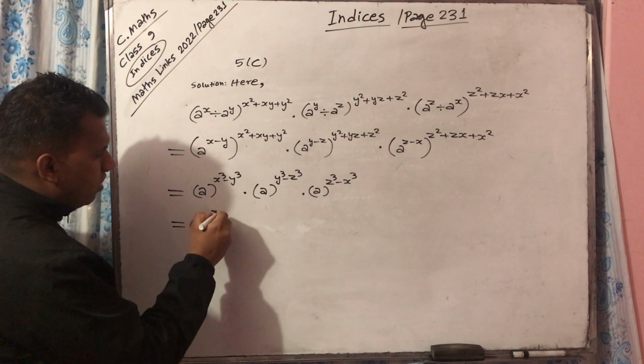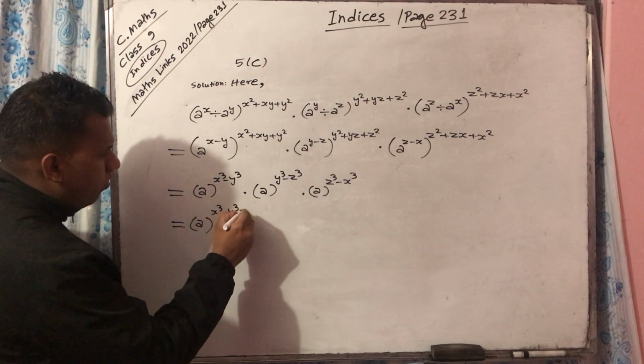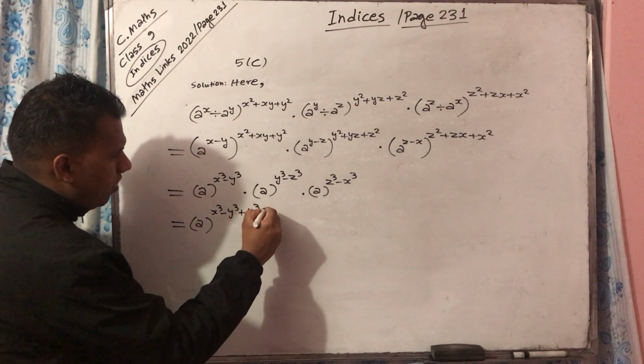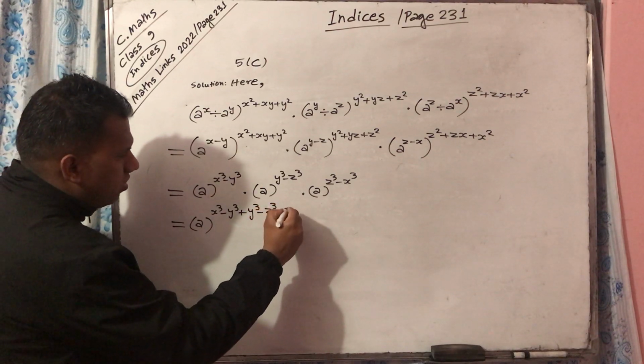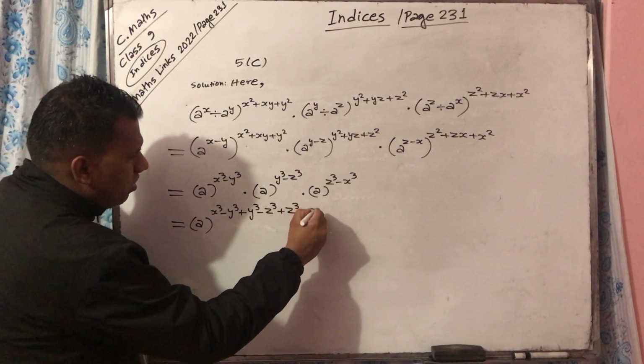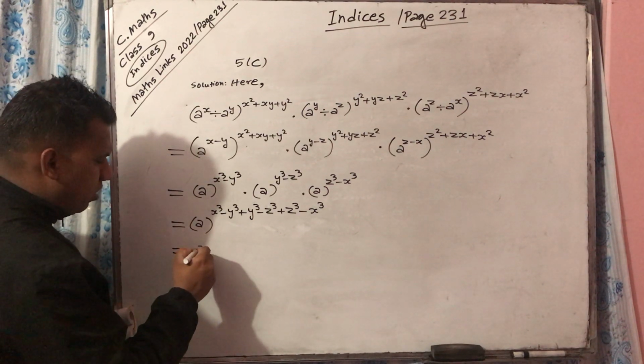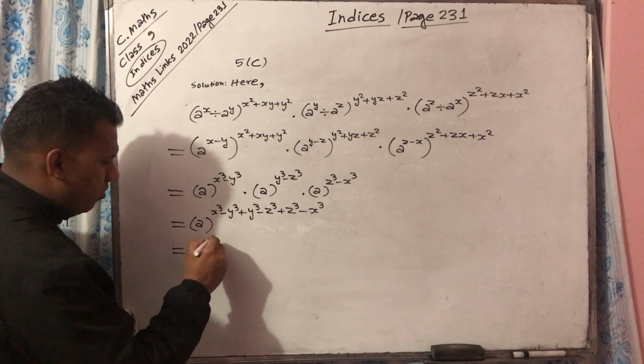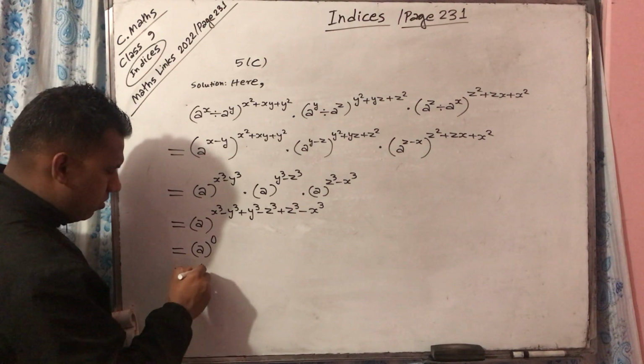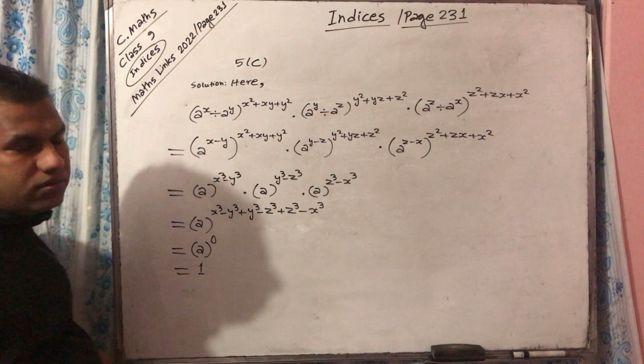A to the power x cube minus y cube plus y cube minus z cube plus z cube minus x cube. Since the sum of the powers becomes 0, so a to the power 0, so this is equal to 1.